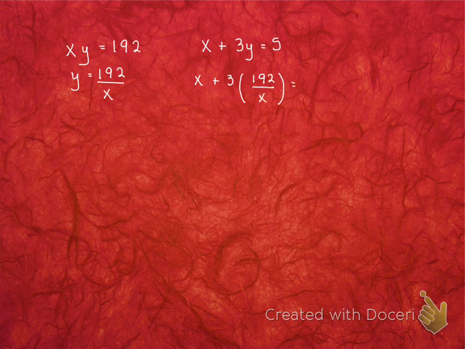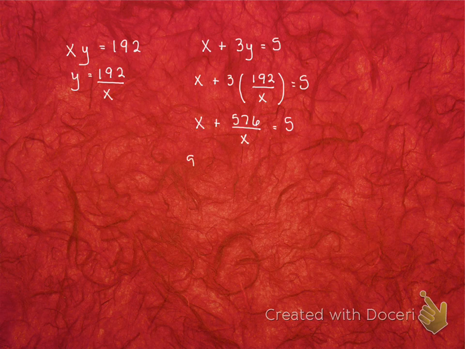So again, this is nothing but algebra here. X plus 192 times 3, 576 over x, or S equals the sum.